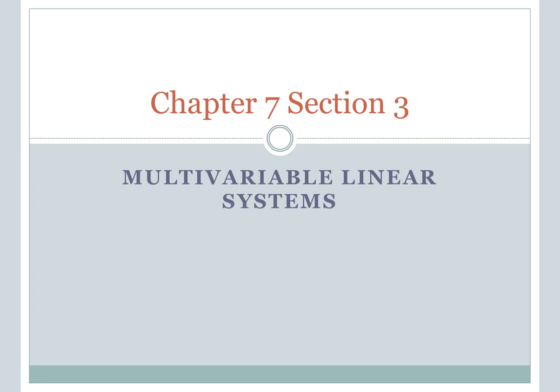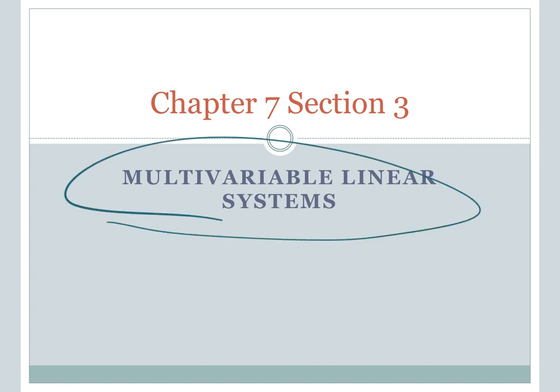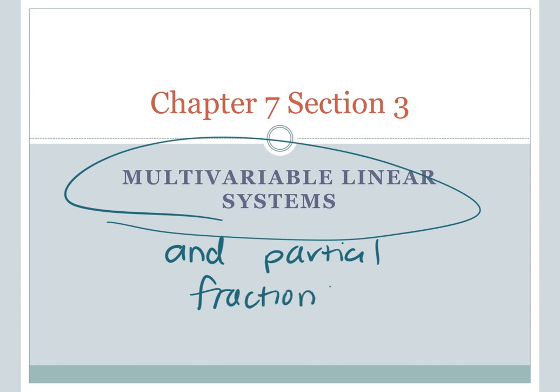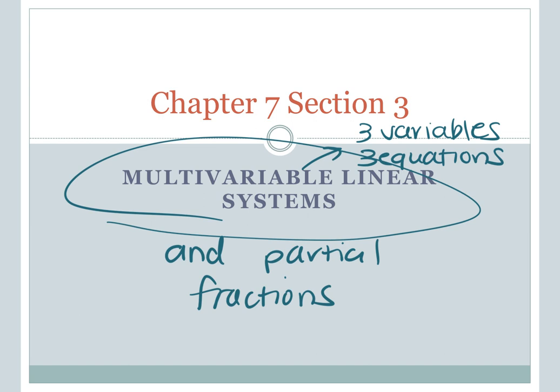All right, so 7.3 is multivariable linear systems. It also includes partial fractions. Multivariable means 3 variables and 3 equations, just when you thought it couldn't get any more fun. So we're going to have systems with x's, y's, and z's.